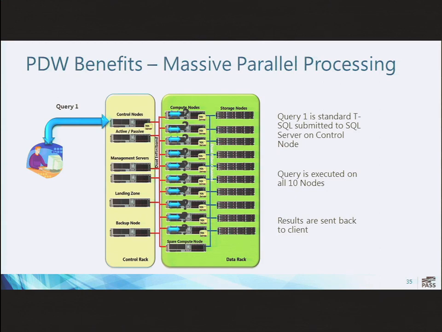But if you use something that's unique as the hash index, it'll spread it out evenly so the queries can all do their own thing on each of the individual compute nodes, send the data all back to the control node, and then send it back to the user. So you're not hitting one table with 1 billion rows, you're hitting multiple tables with less data in there, and I'll show that in a minute.